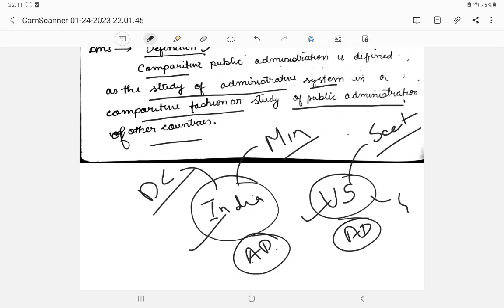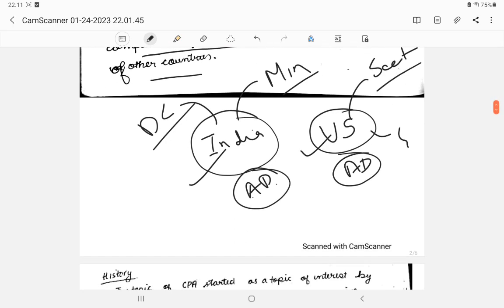India and the US are different. However, neither is bad nor good. Each has its own advantages and disadvantages. India's administrative system may look better than the US system in one way.